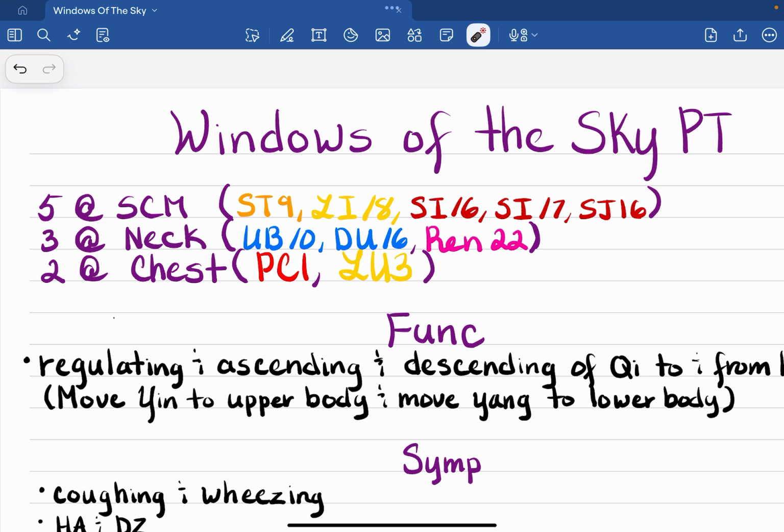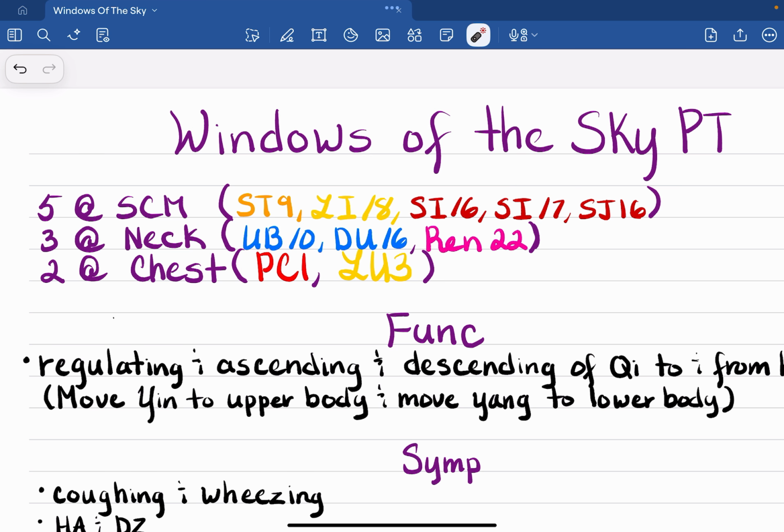It's in the fourth intercostal space area. It's kind of where REN17 is, but REN17 is in the midline. But PC1 is around that area too, except it's one soon lateral to the nipple. So that's where PC1 is.